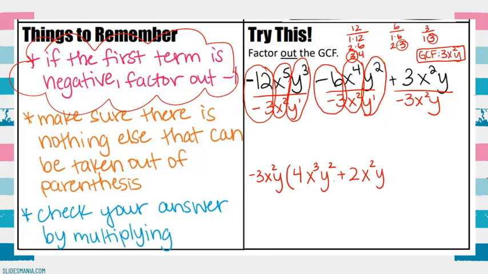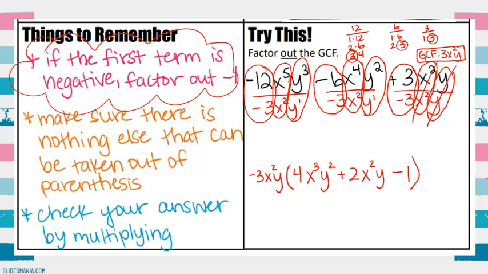Now you might be tempted in this last one to just close your parentheses because they look like the same thing on top and bottom, but we cannot do that. We still have to do division. So 3 divided by negative 3 is negative 1. X to the second divided by x to the second cancels, and y divided by y cancels.